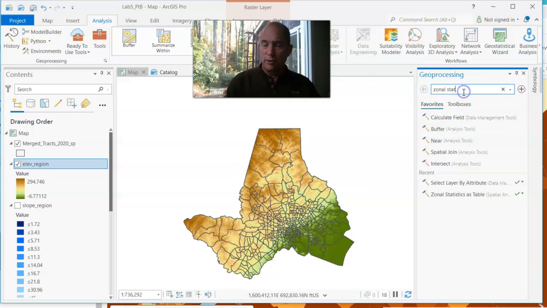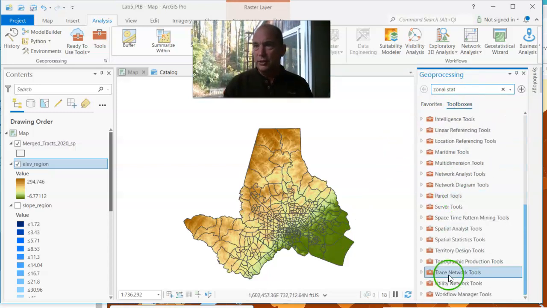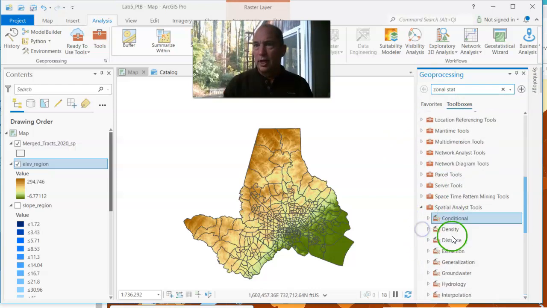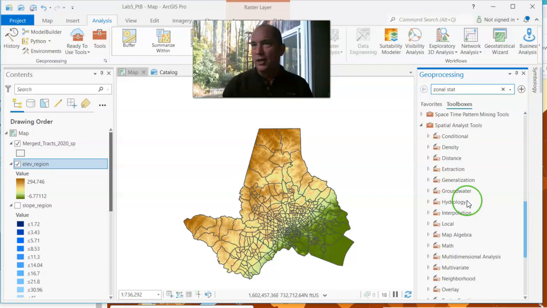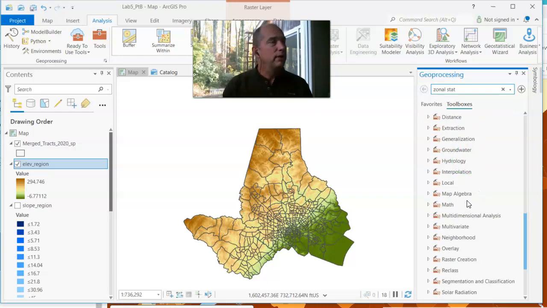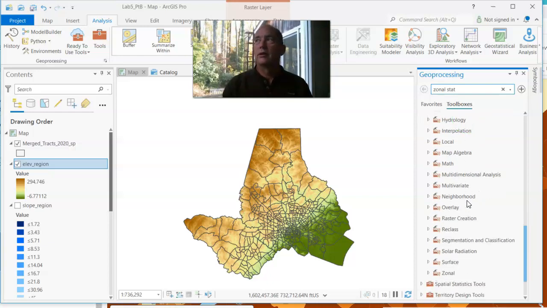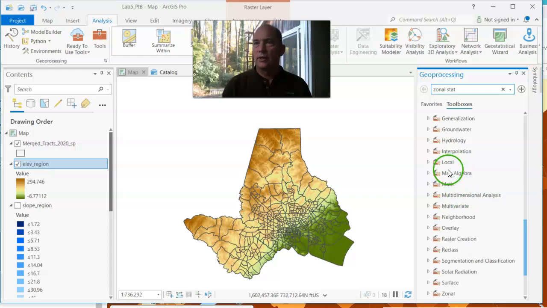Now, the important thing to notice about zonal statistics is it lives in the Spatial Analyst Toolbox. And within Spatial Analyst Toolbox, you'll notice that there are different tools like neighborhood, and I think there's a block or a local function. Yeah, local function.